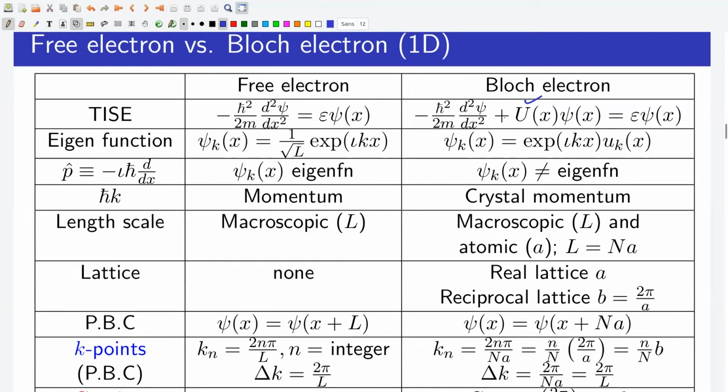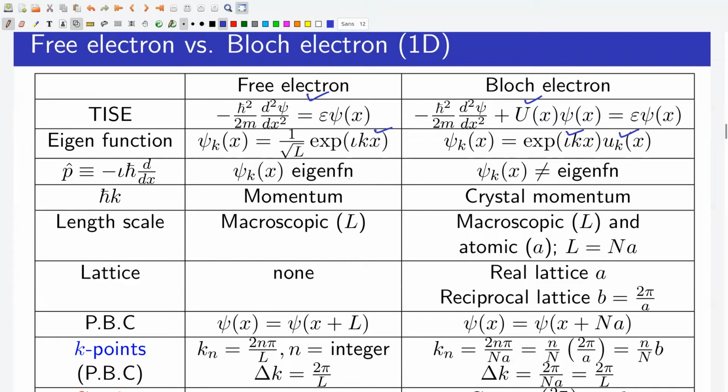That is, these electrons are still independent electrons, but these are not free electrons anymore. U equal to 0 is a special case known as the free electrons. In case of free electrons, eigenfunctions are plane waves. In case of Bloch electrons, eigenfunctions are plane waves times a function having the periodicity of the direct lattice.